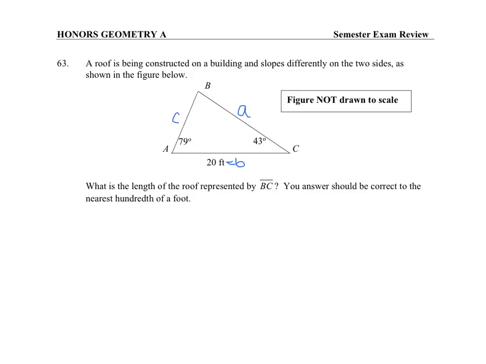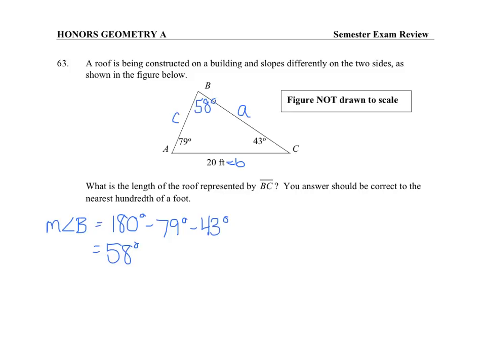Since we have two angles, first of all, we can find the third angle, angle B. So the measure of angle B, there's 180 degrees in a triangle, minus 79 degrees, minus 43 degrees. So the measure of angle B is going to be 58 degrees.